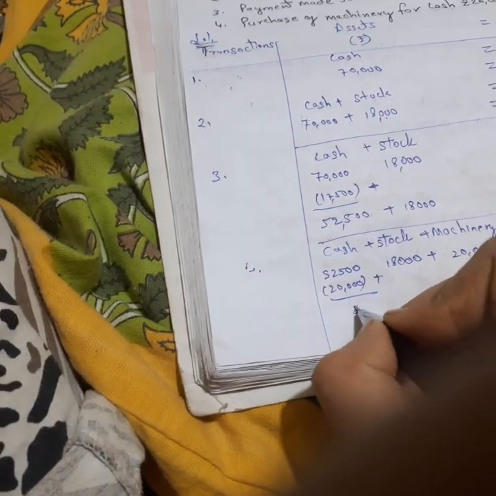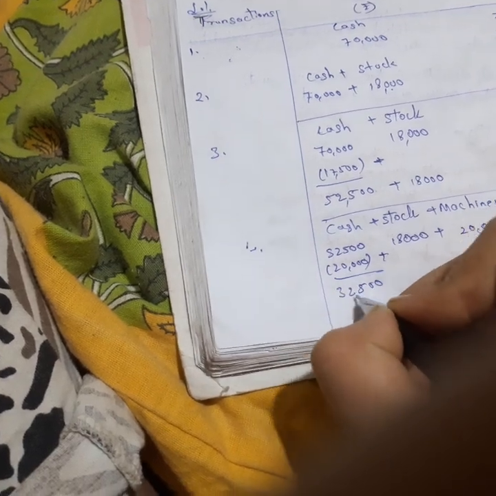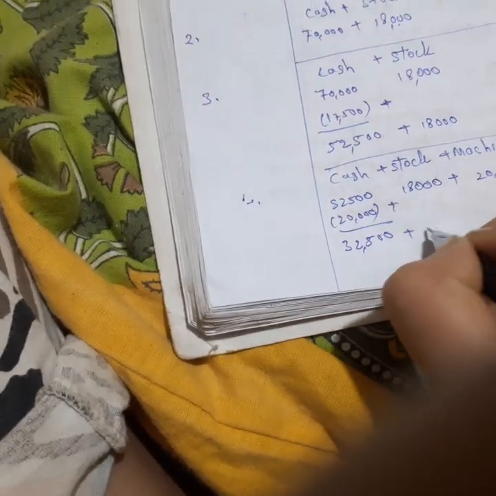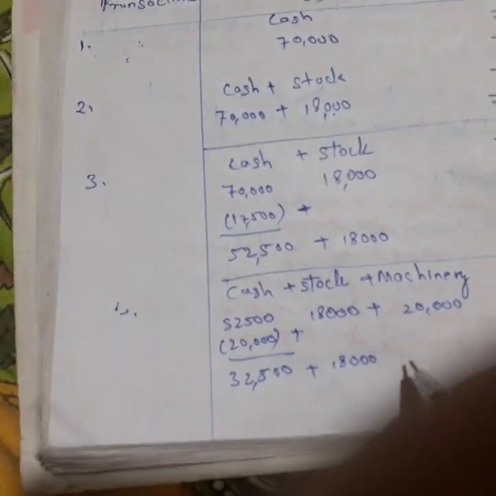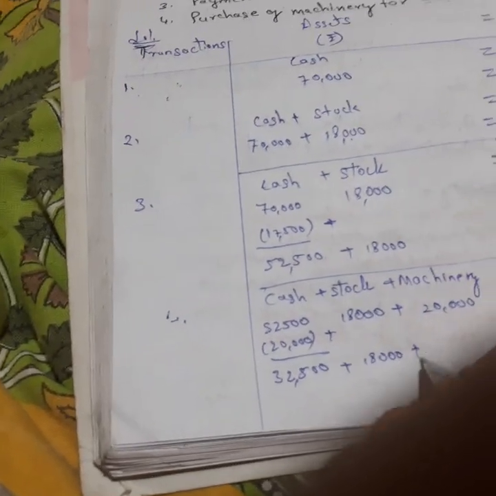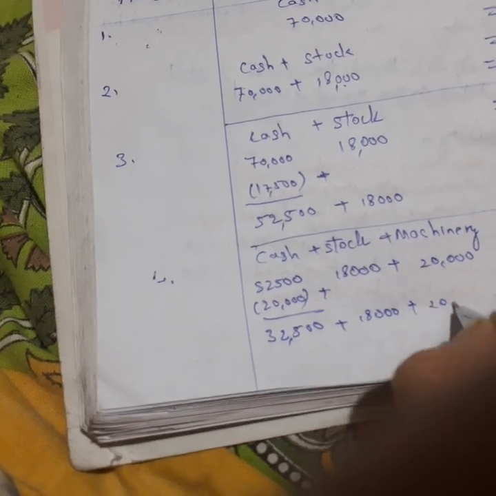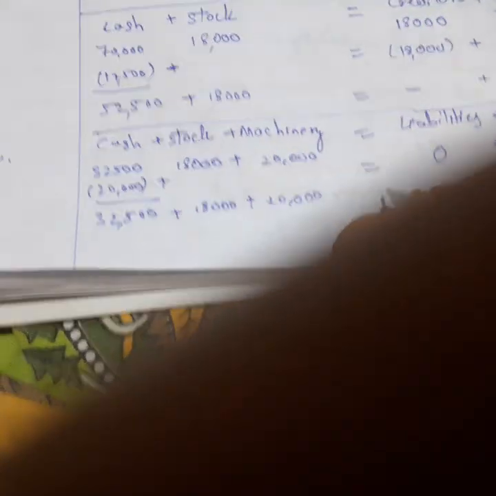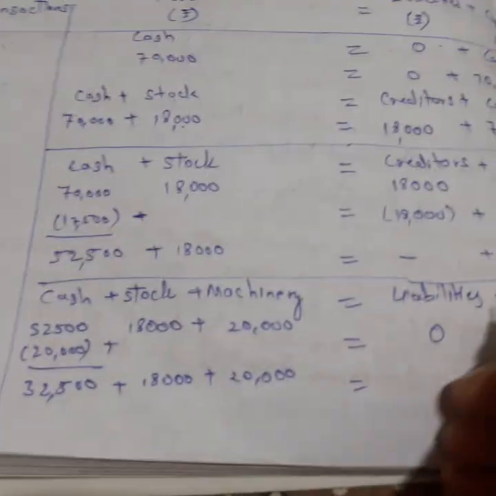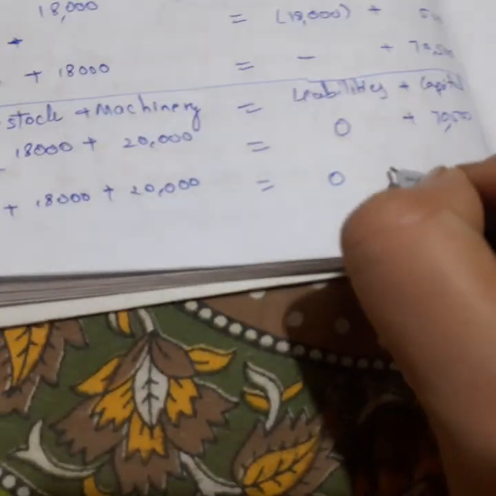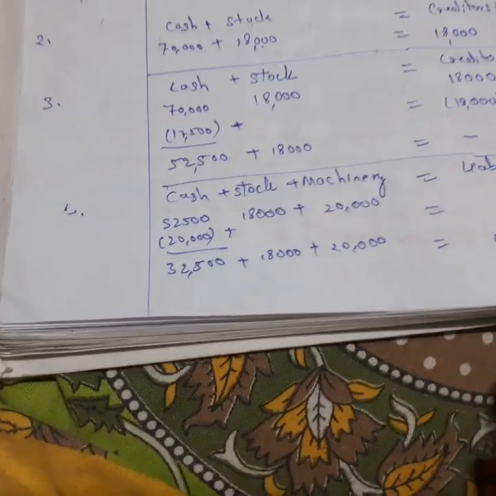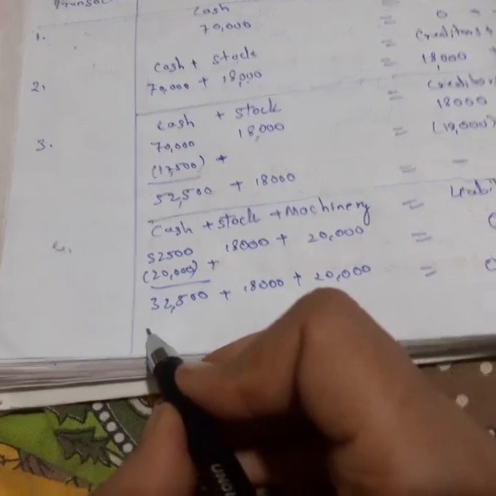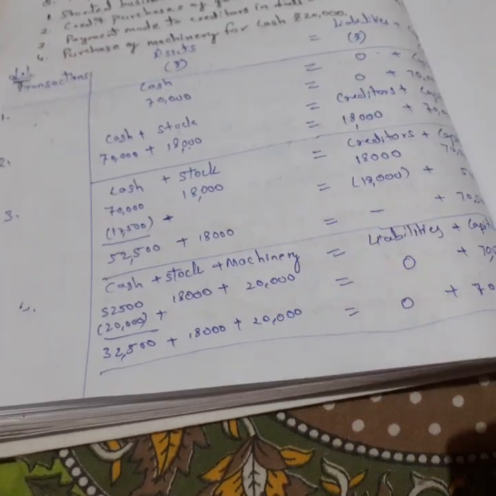So here I will write down the balance amount 32,500 plus 18,000, which is your stock, and the machinery of 20,000, whereas your liabilities is nil. Capital will continue as 70,500. So when you add up, you will get the same equation, 70,500.